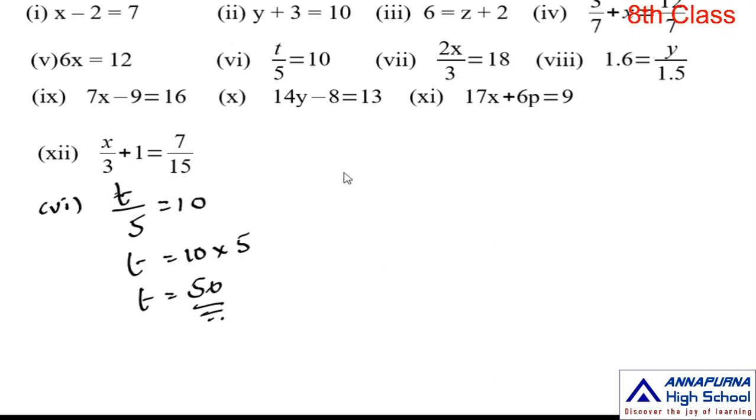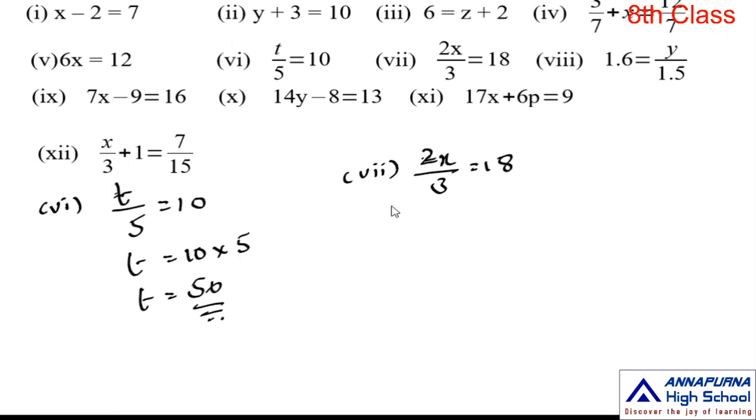And when you come to the seventh one, here the seventh equation is 2x by 3 is equal to 18. Is there any difference between the sixth one and the seventh one? Yeah, there is a difference.